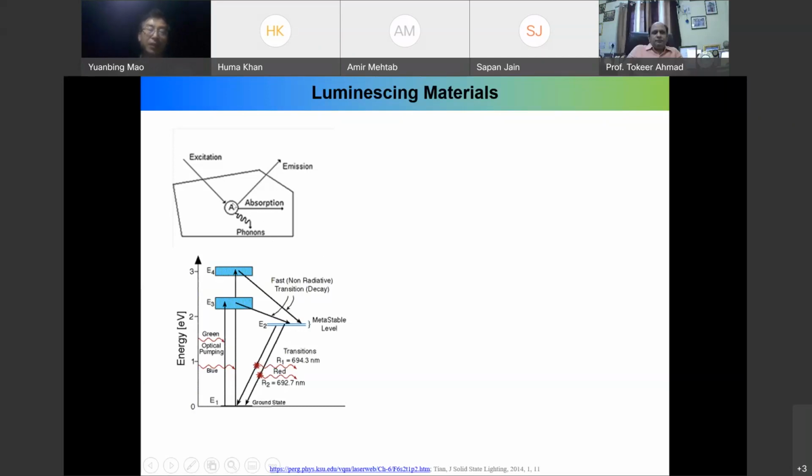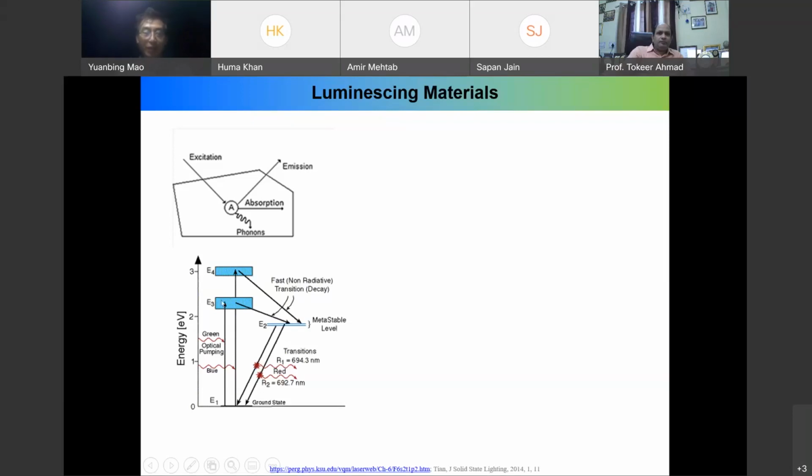A lot of times those are the dopants, and we intentionally add those dopants into our host materials. These time scales are different, depending on the excitation source. A lot of times we say the pumping. It's really like a pump. We pump the electrons to the higher energy levels.